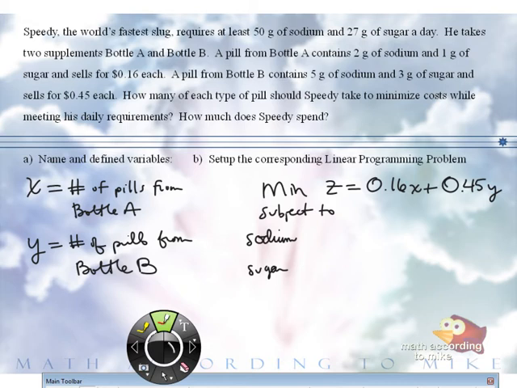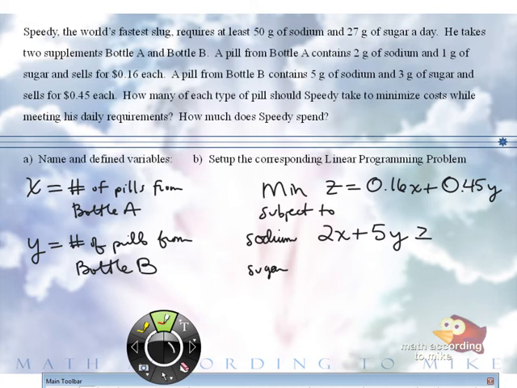So how much sodium is there from a pill from bottle A? 2 grams. And how many pills from bottle A do we have? x. Plus, how much sodium from a pill from bottle B? 5. And we have y. And he needs at least, so that interprets as what inequality? Greater than or equal to.